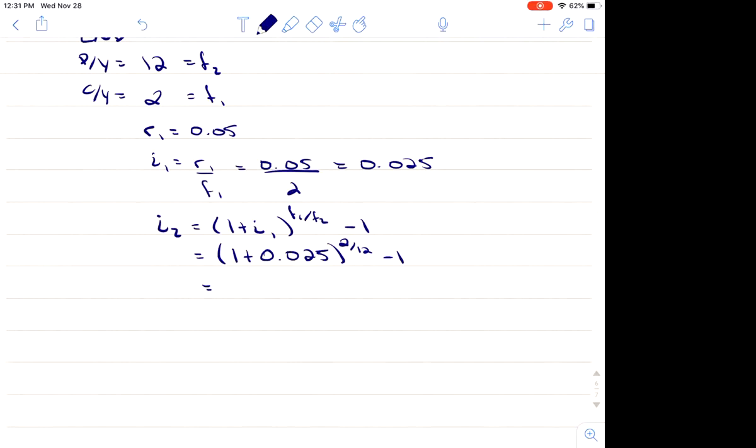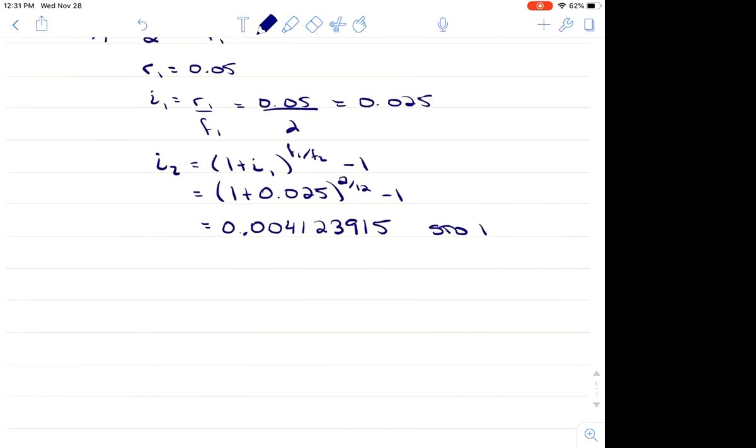That's 0.004123915. I'm going to store that in one. So this is our periodic interest rate for all of our interest payments.